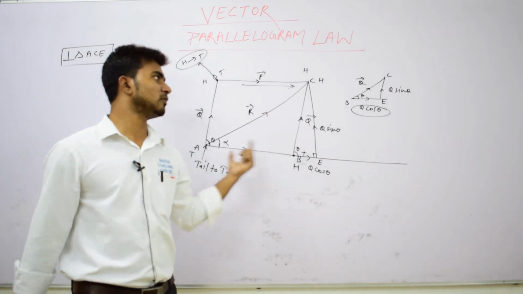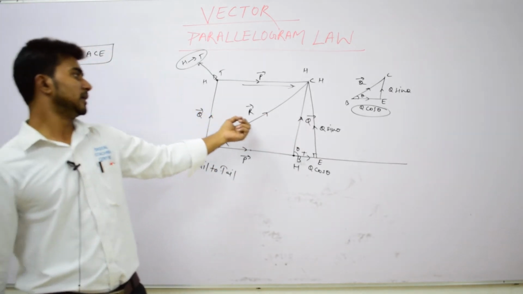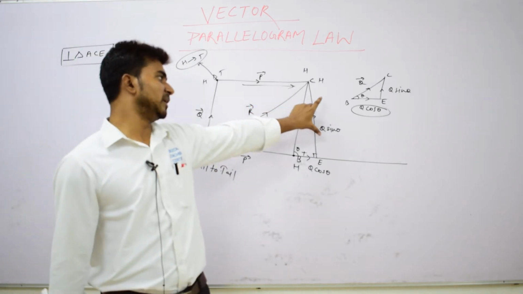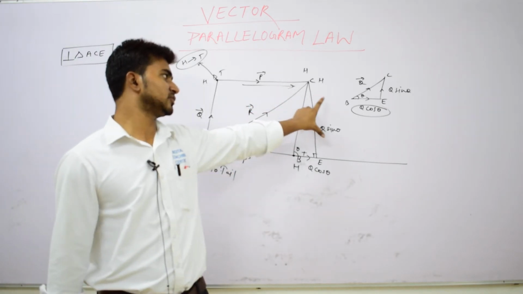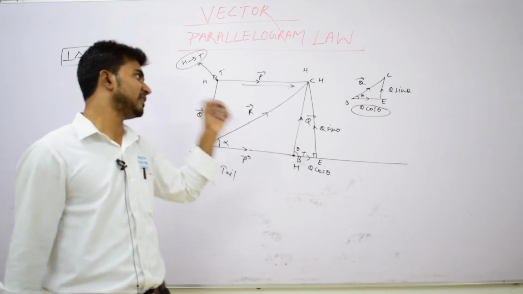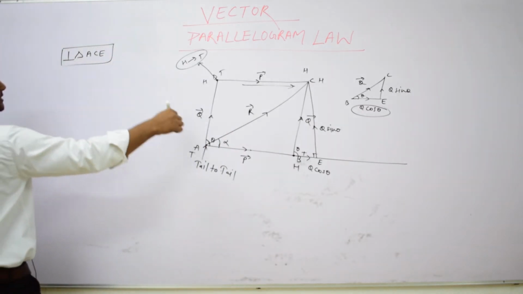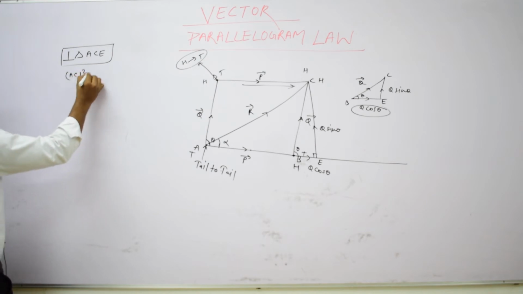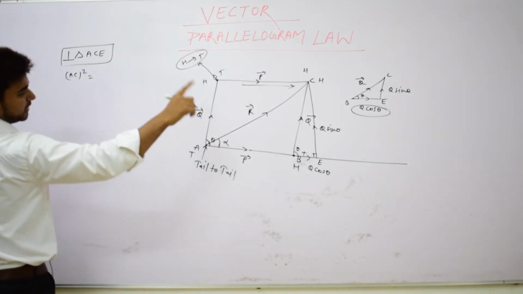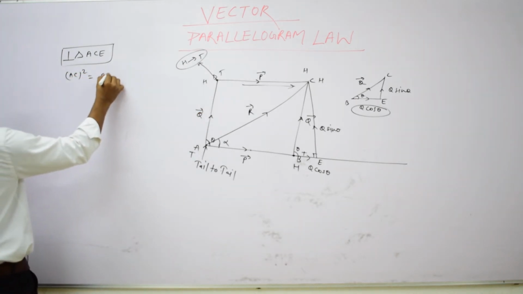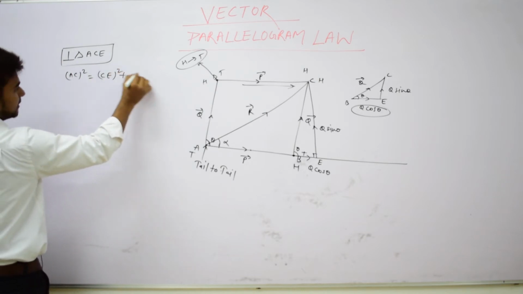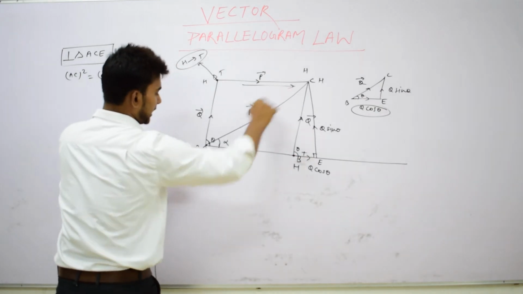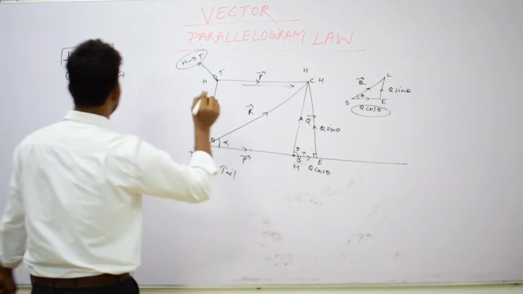According to the Pythagoras theorem, the square of the hypotenuse is equal to the square of the base plus the square of the perpendicular. So AC, the hypotenuse, squared is equal to the perpendicular squared, which is CE squared, plus the base squared, which is AE squared. Because I am considering the whole triangle ACE.